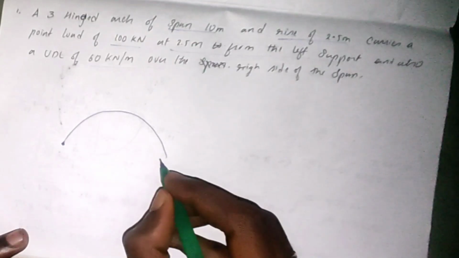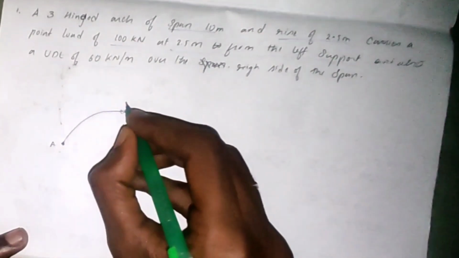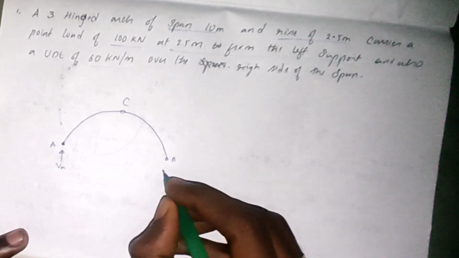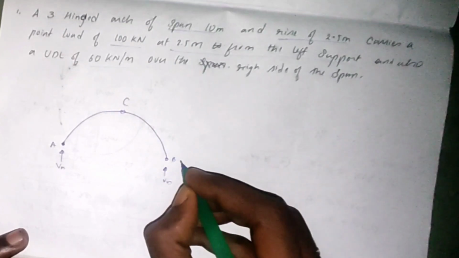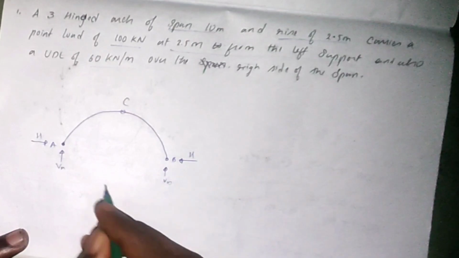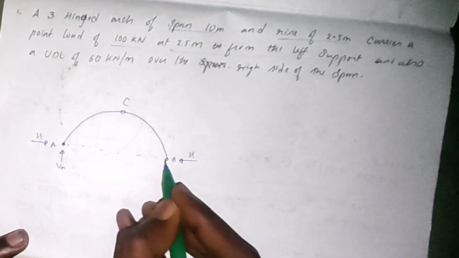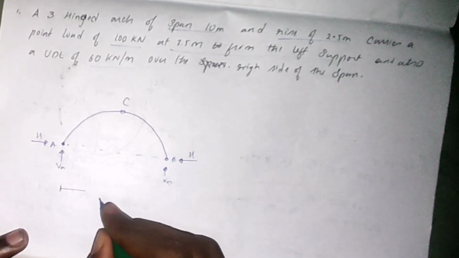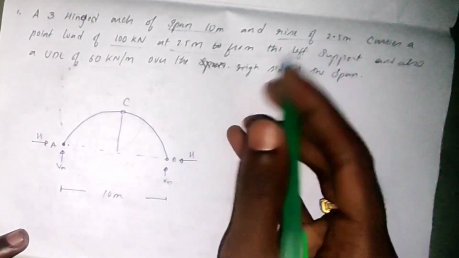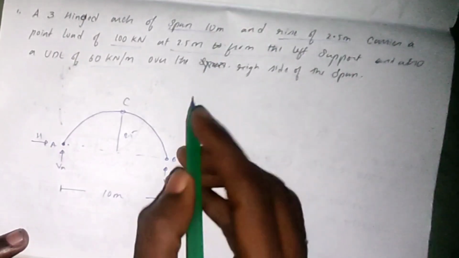So let us draw the diagram of an arch. Let these be hinges A, B and C. We will have vertical forces VA, VB and horizontal thrusts here. This is given as 10 meters and this rise is 2.5 meters.